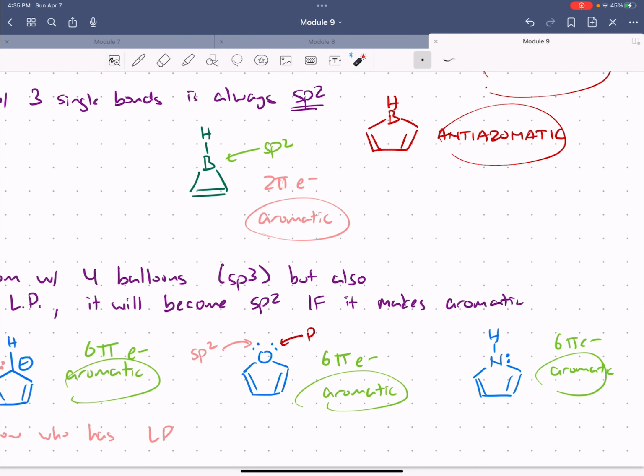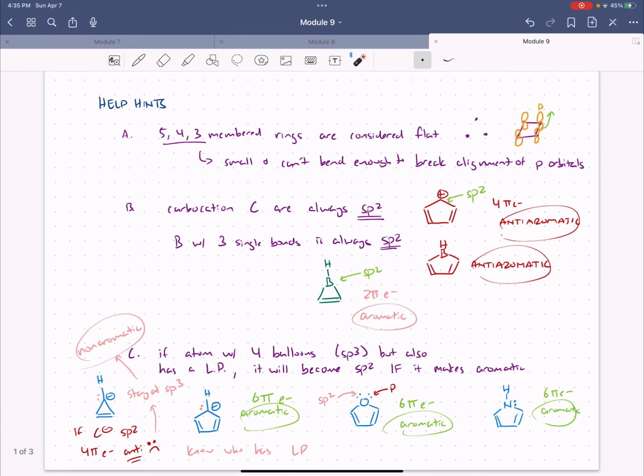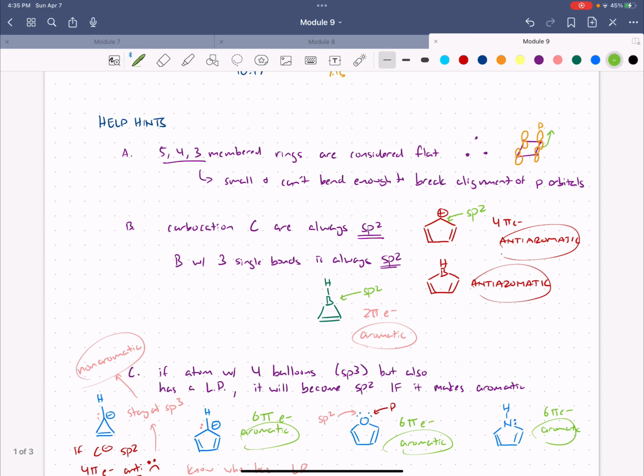There are oxygen and nitrogen containing molecules where, again, you cannot choose. Let me put another example actually right here. I'm looking at part B. Carbocations, always sp2. Boron, always sp2. Atoms with a double bond, always sp2.